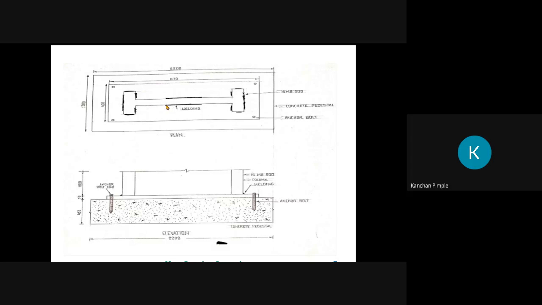Instead of that, you can weld here, here, then this part, this part. In this manner you can join this column with the column base. And these all four circular parts shown are nothing but the anchor bolts.